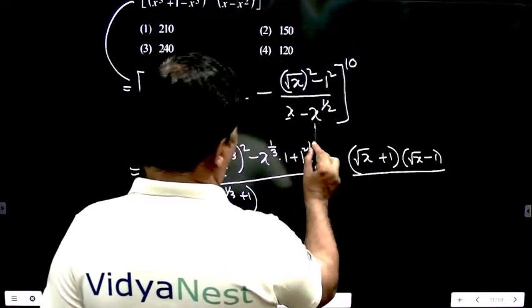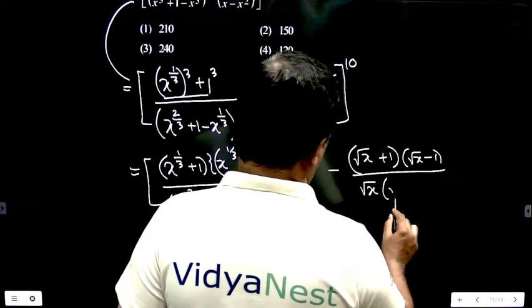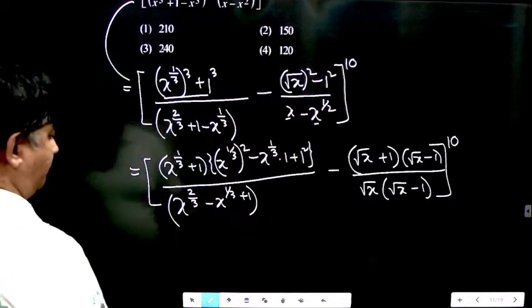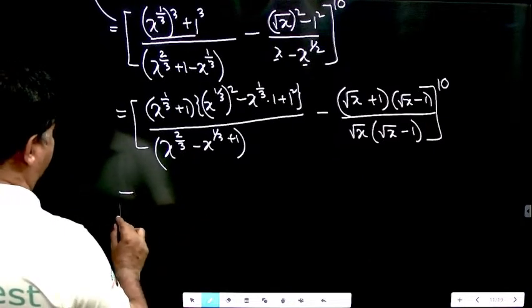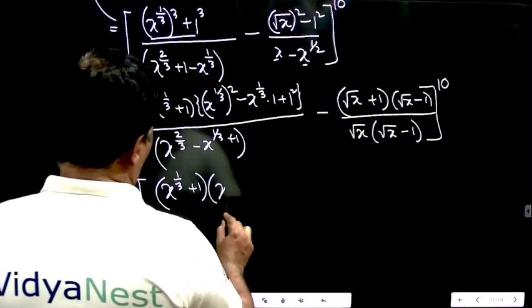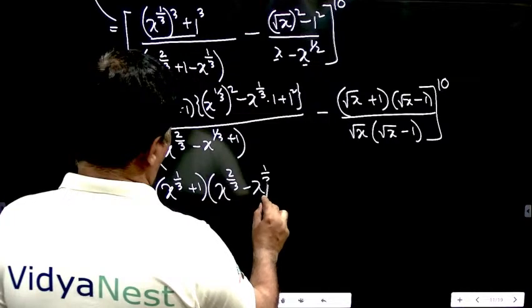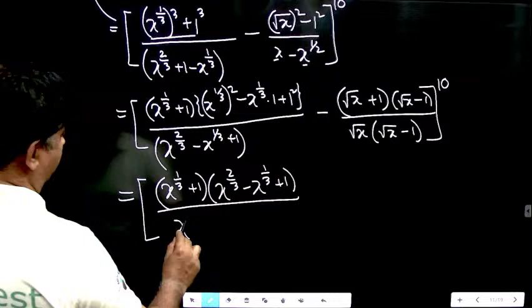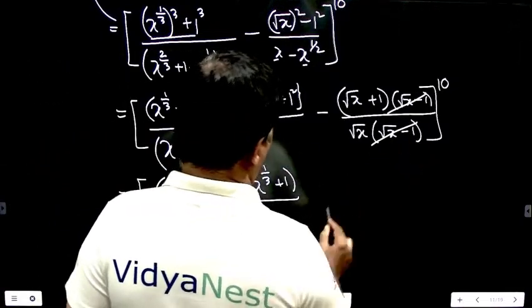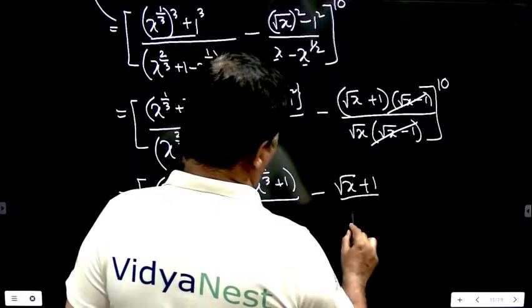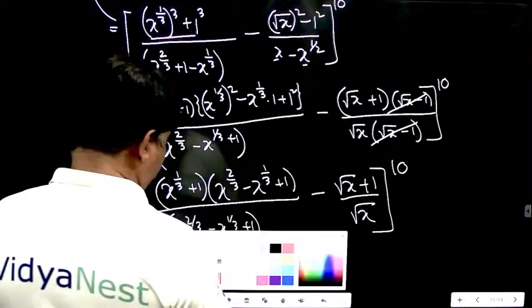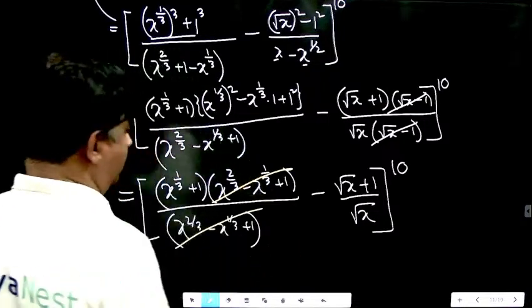I can take here from x and x to the power half. So now this part cancels.